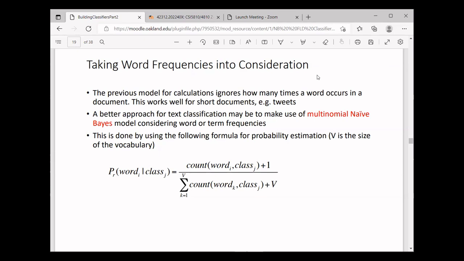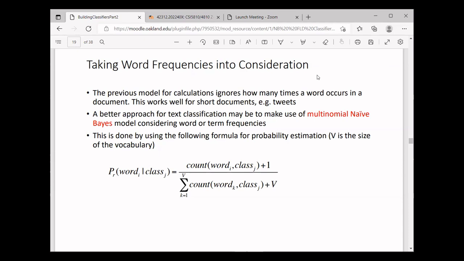In that case, the Laplacian smoothing formula is what is shown here. In the numerator, you still add 1 to avoid 0, but in the denominator, you add V. In the previous example of the Laplace smoothing formula, in the denominator we were adding 2.